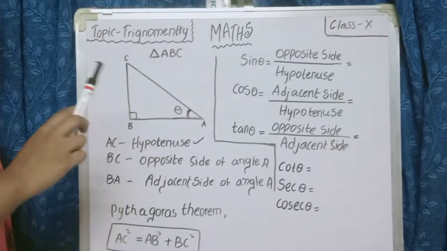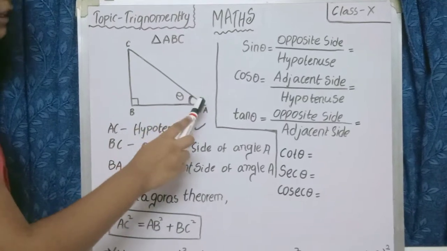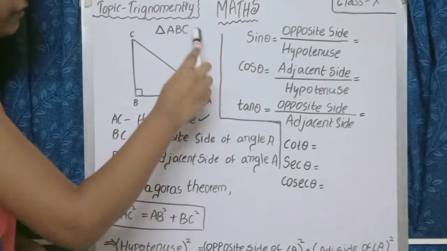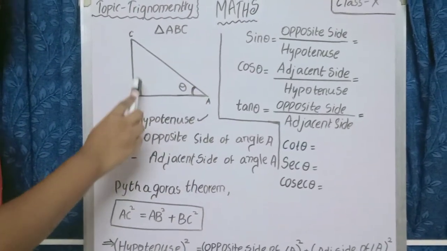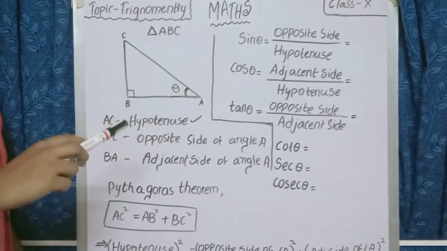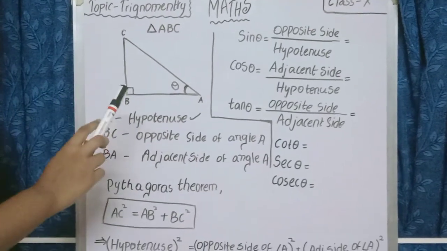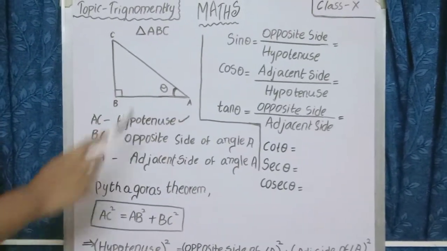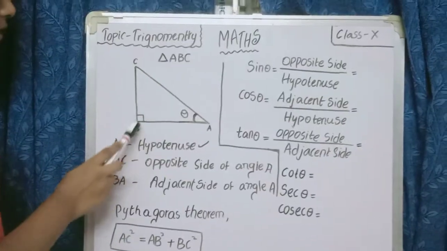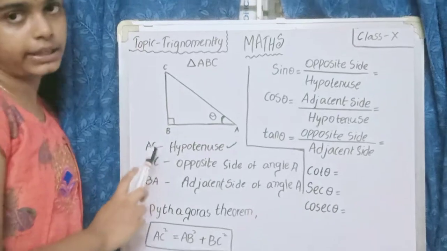If you consider any triangle, say the right angle is at A, then the hypotenuse will be the side opposite to it. So where the right angle is placed, the opposite side of that right angle is said to be the hypotenuse. Here AC is the opposite side of angle B, so it is the hypotenuse of this triangle.